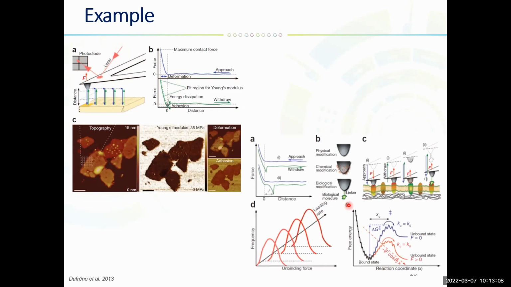it allows you to determine parameters describing the free energy barrier that stabilizes the bond. So these parameters include the free energy difference delta G. This delta G shows the energy between the bound state and the transitional state.